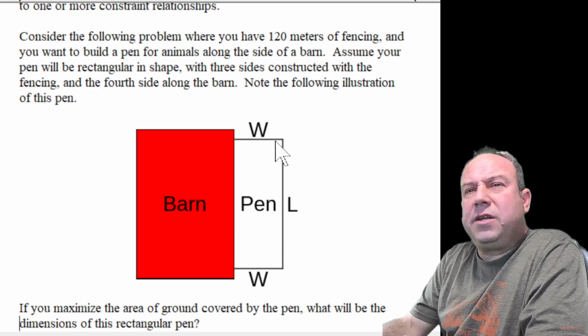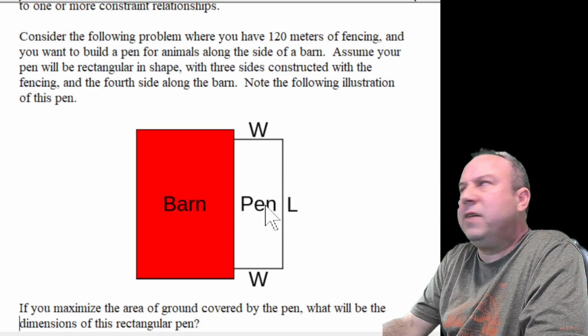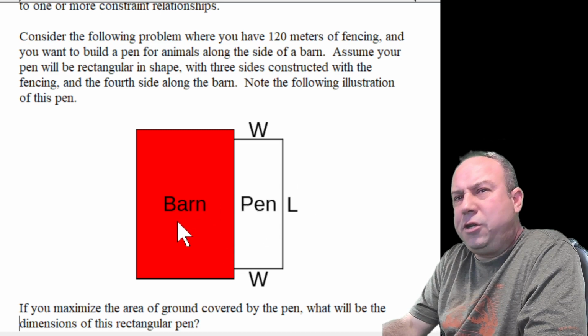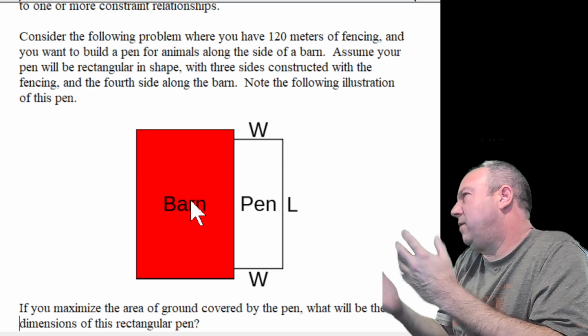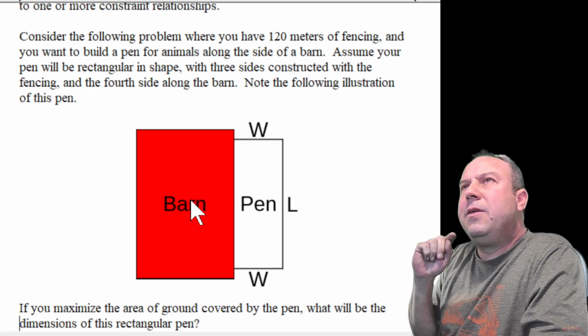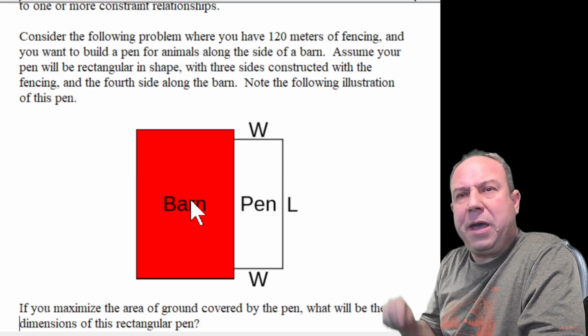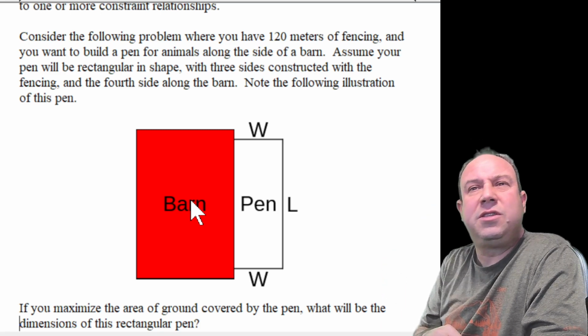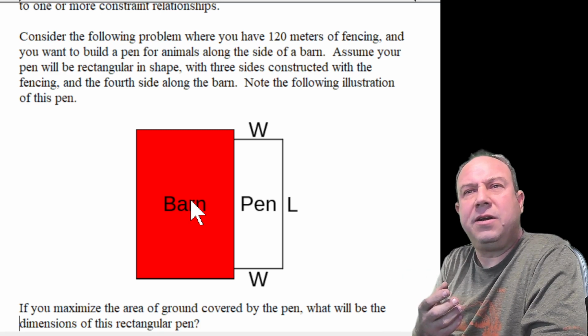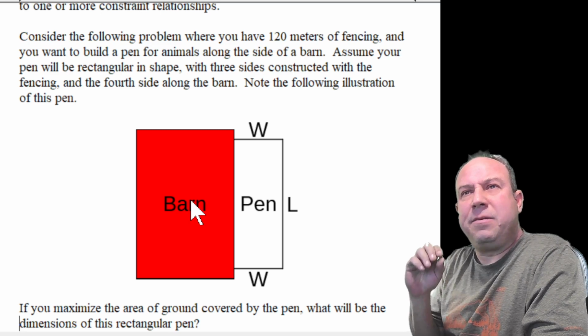You wanted to fence in some area of space and call it a pen, and you want to do it next to a structure, the structure that we're going to call a barn, so that for one side of our pen, we can use the side of the barn as that side of the pen.